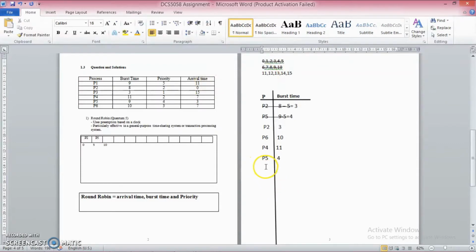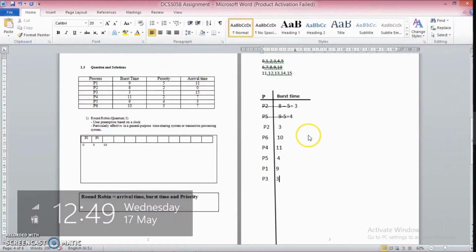Yes, P1. Burst time is 9. And then 12, no. 13, no. 14, no. And then 15, yes. Queue P3. P3 is 3. So put 3.